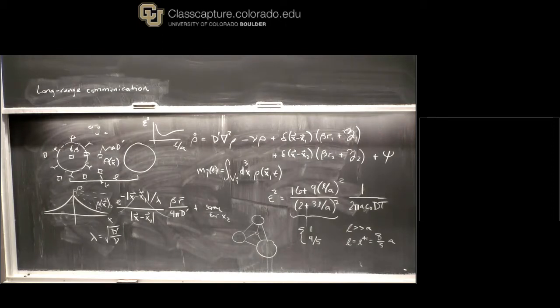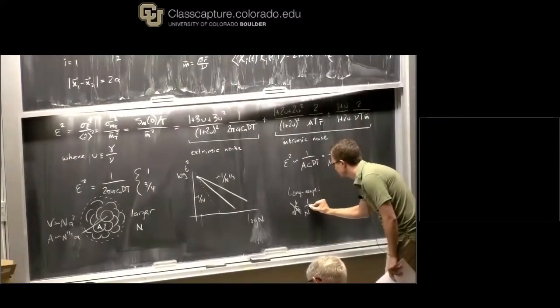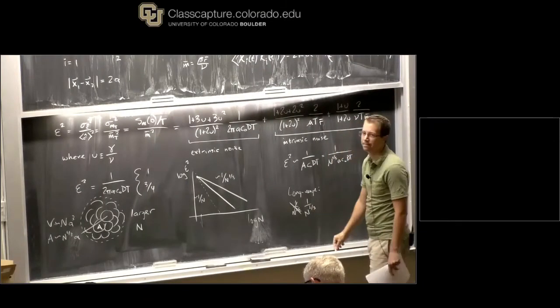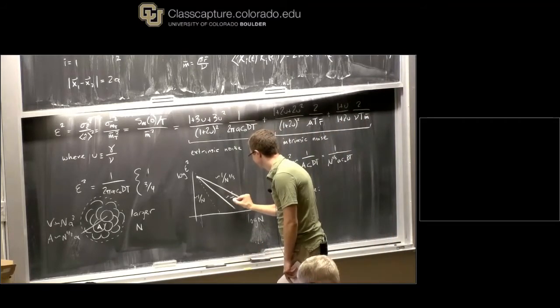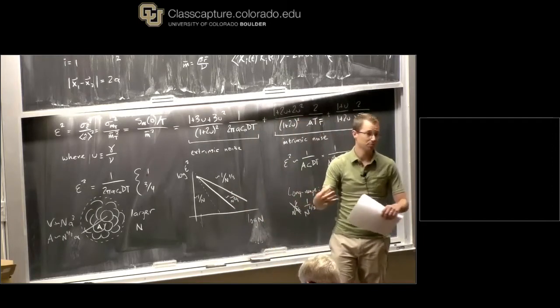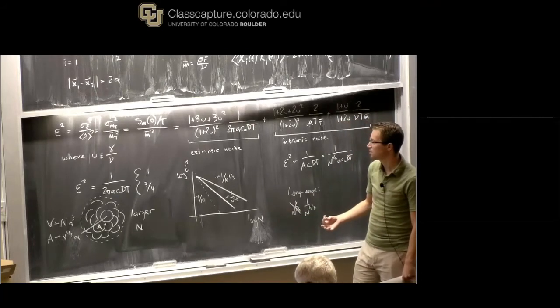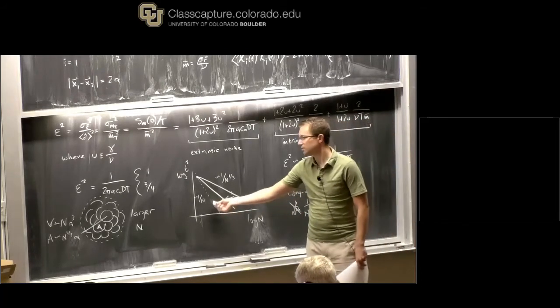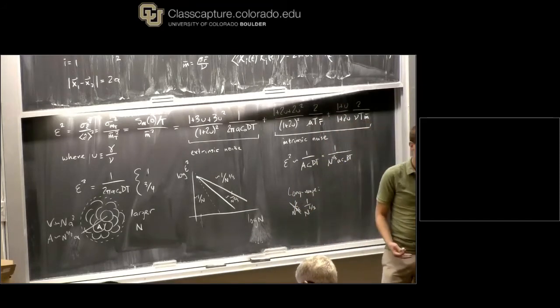And it's actually 1 over n to the 2/3. So they're exploiting this trade-off to do better in the long run than the short-range communication, but they still can never get to, as if they were independent. They still have to stay near enough to each other to share.